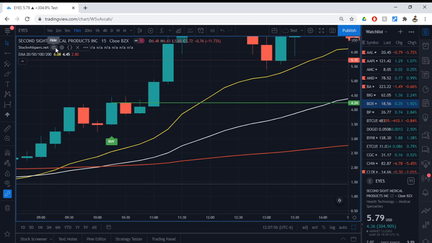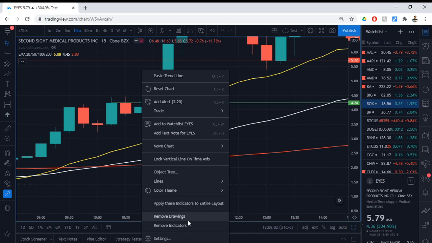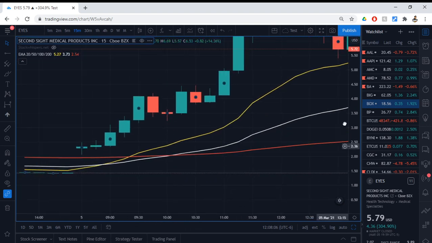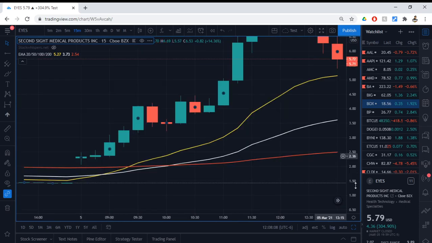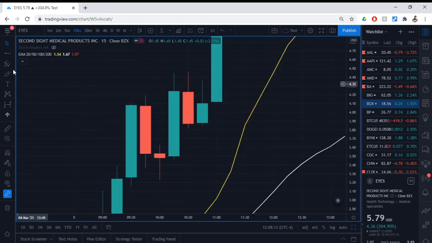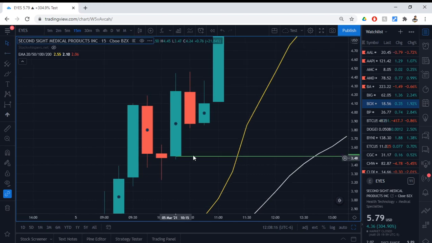Okay, perfect. So it opened right here. It opened inside this candle. It did not make a new low, and it closed outside of it.